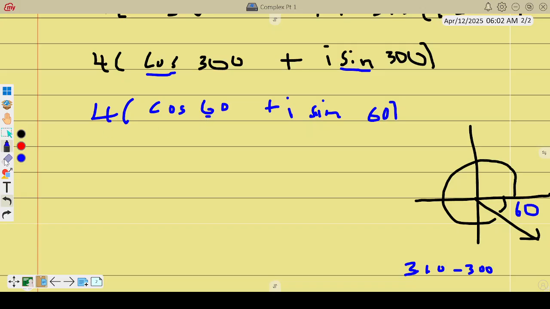We know the special angle for 60. And then be careful with the signs. In here cos is positive but sine is negative. Yeah, and then what is cos 60? When you count the number of items above 60, you know that it's just 1. So 1 over 2 minus I sine 60, it is root 3 over 2.